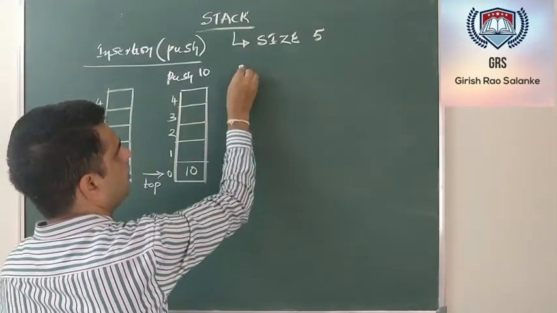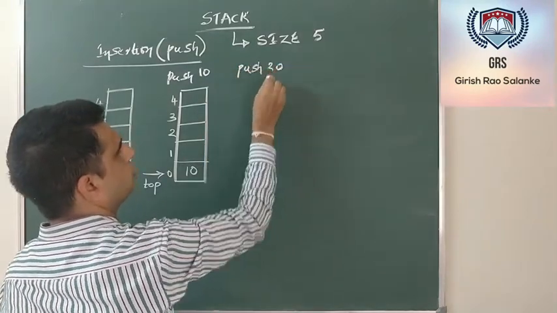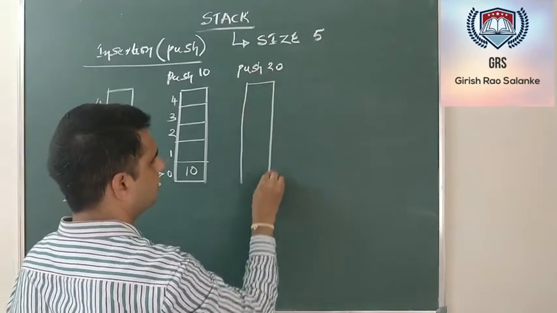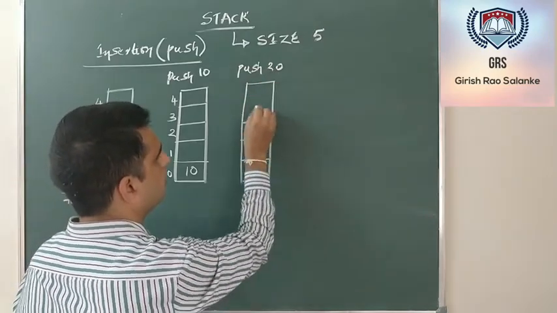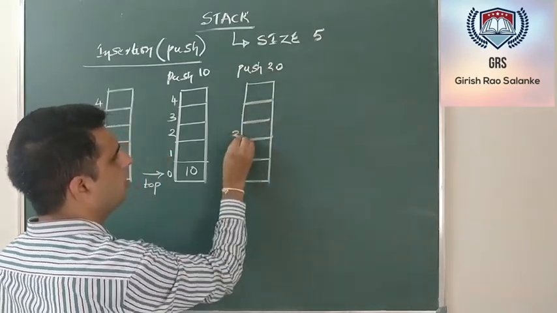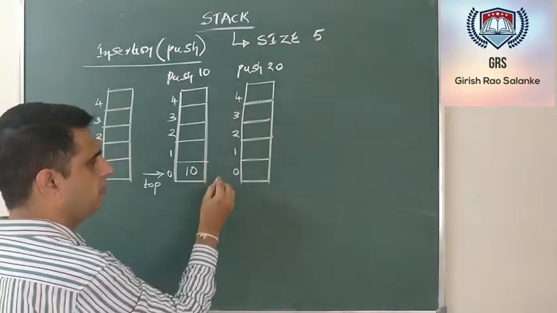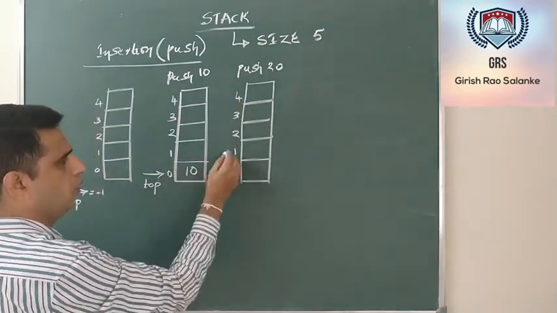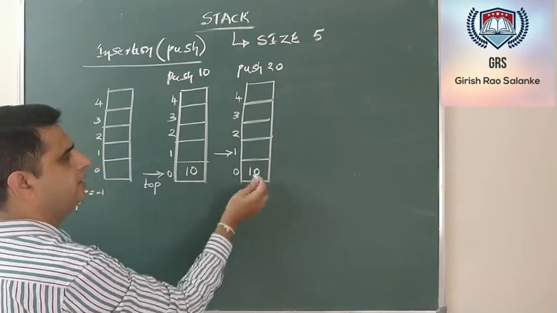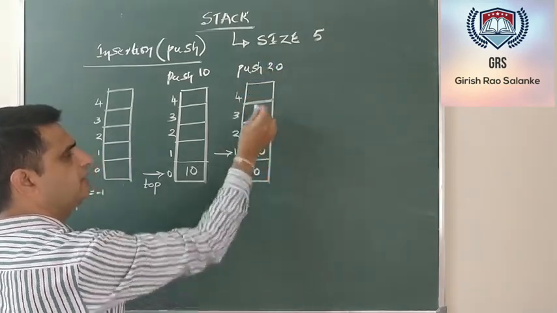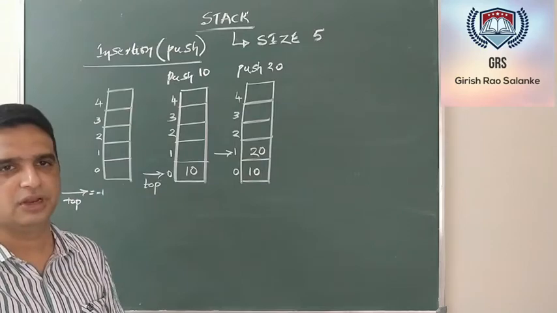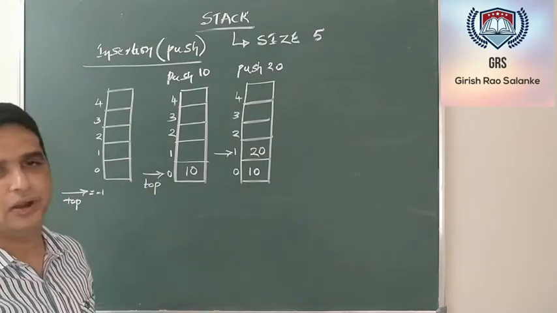Say for example, if I want to push 20, same thing: increment the top from 0 to 1, and then insert that particular element at that particular position. Now I have inserted 20 onto my stack.